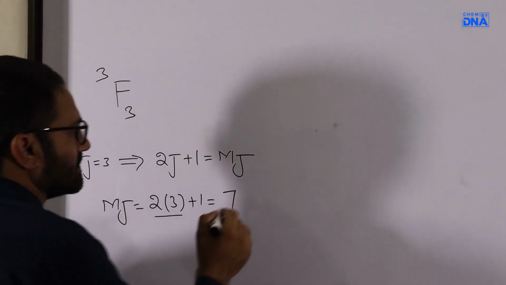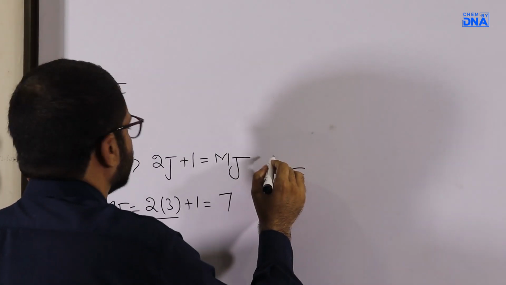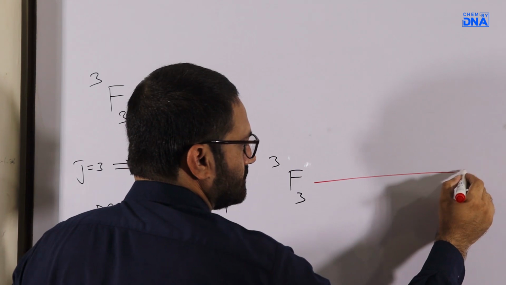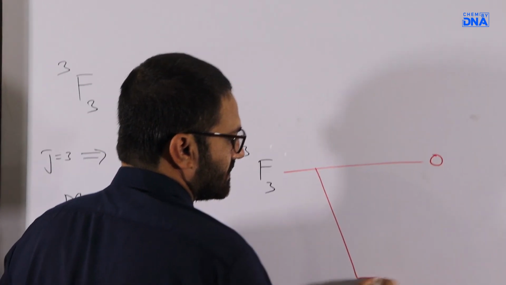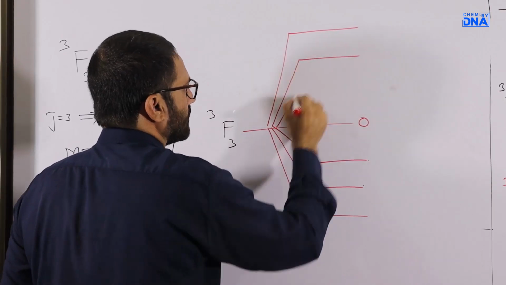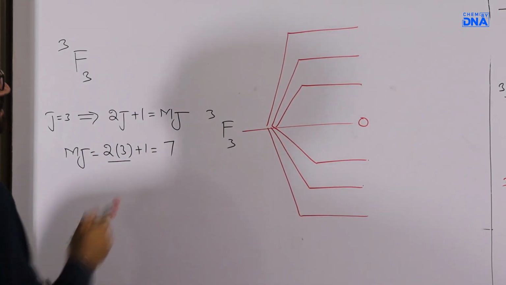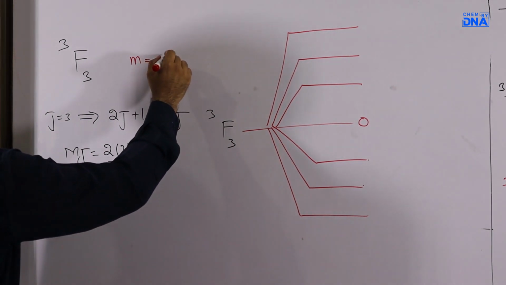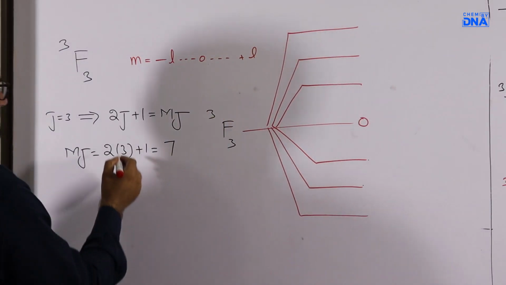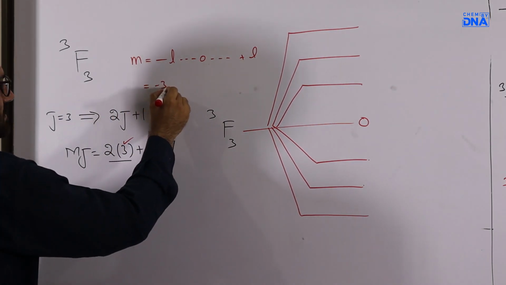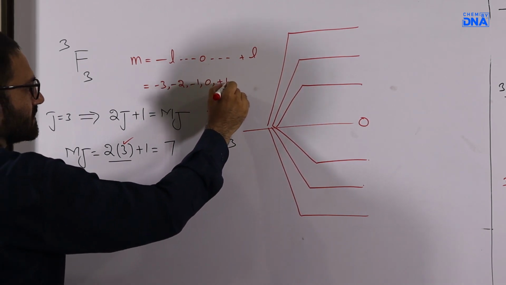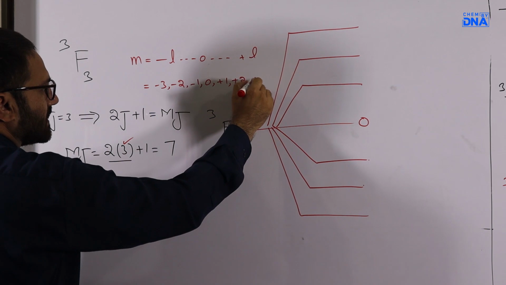Now let us see its separating pattern, that is F triplet 3. You will get 7 Mj values, or by taking help from this formula, that is M is equal to minus L up to 0 up to plus L, you see here that this 3 will be minus 3, minus 2, minus 1, 0, plus 1, plus 2, and plus 3.